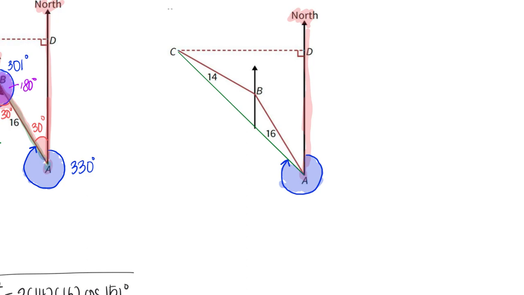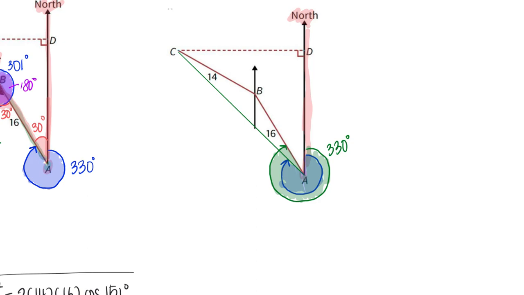But previously, we already know that the bearing of A from B is 330 degrees. That means this bigger outer circle is 330 degrees.